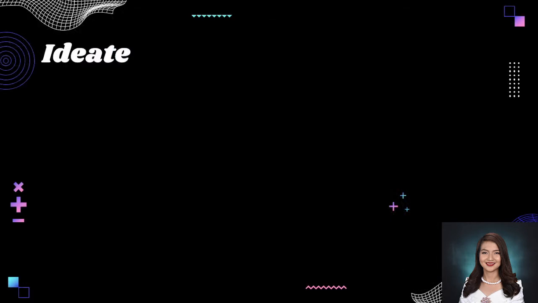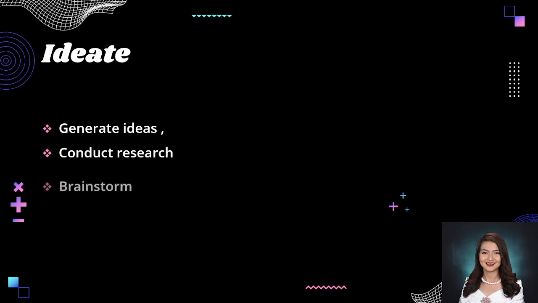Next, we have here the ideate. The third stage of design thinking is the generation of ideas to solve the identified problem. We need to generate ideas, conduct research, brainstorm possible solutions, and then develop a solution. This stage involves brainstorming and research.